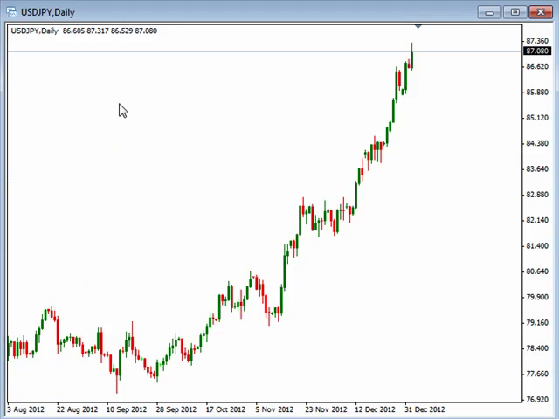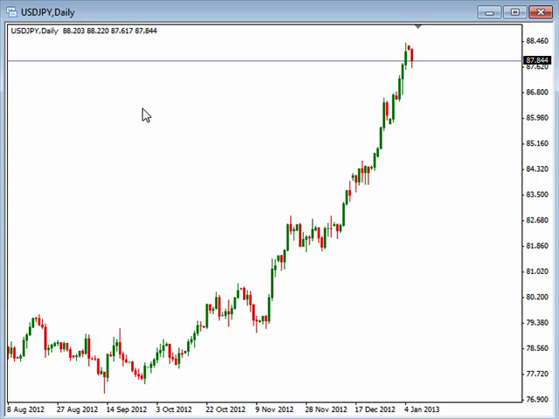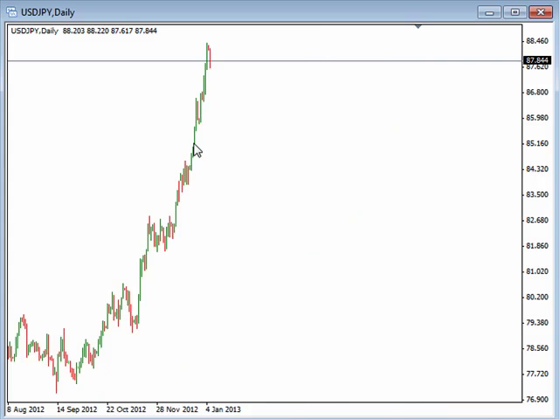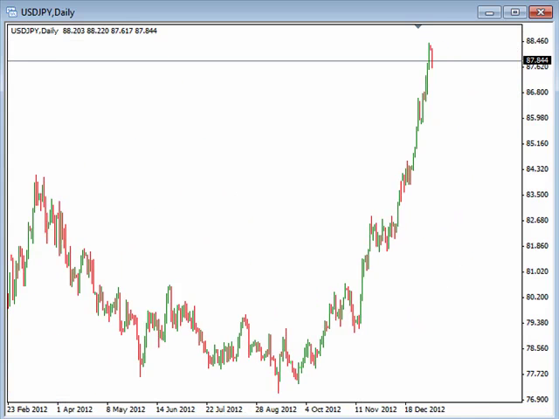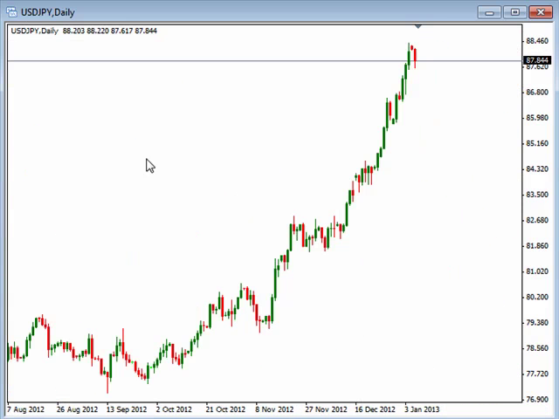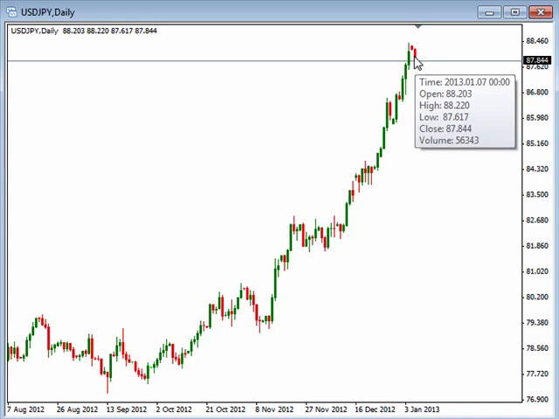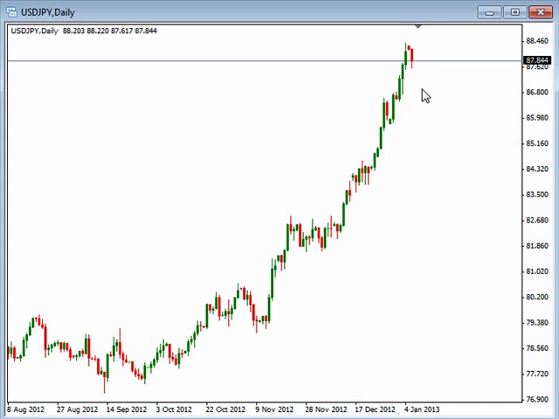US Japanese yen, hard trading in 2012 until this breakout the last two months, and this thing just went crazy. I'm not sure that at this point we're in a position where we can do much until we wait for that retracement, that pullback, to look at getting into the trade as it begins to move up.